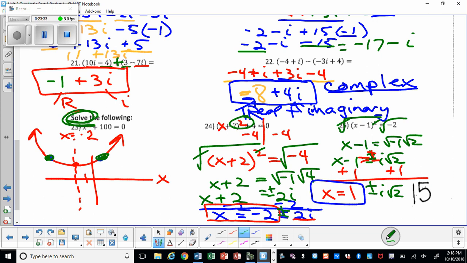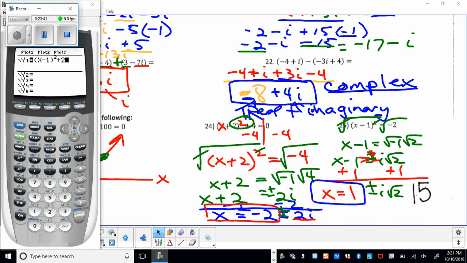Okay? So again, we'll go ahead and put that in the calculator so you can see it. I put this in the calculator, and I added 2 to this side because you want to have y equals something, right?